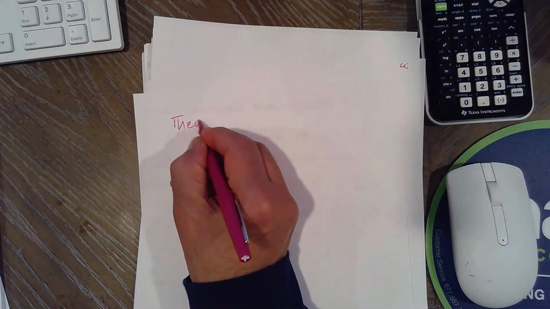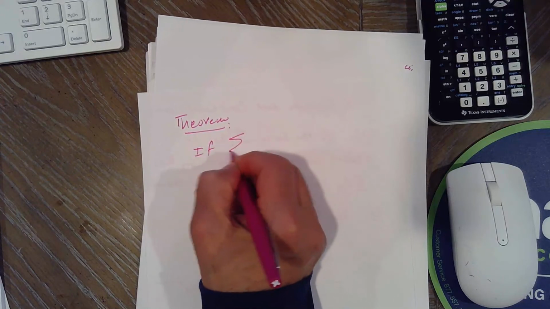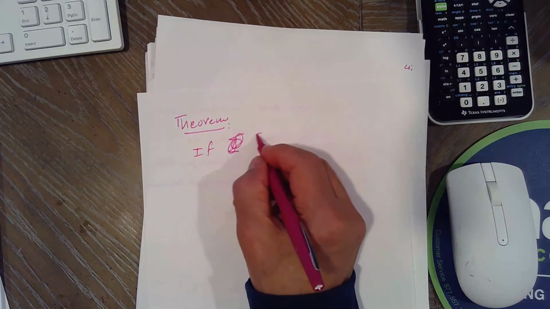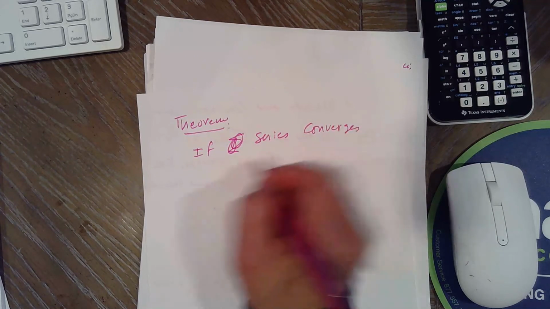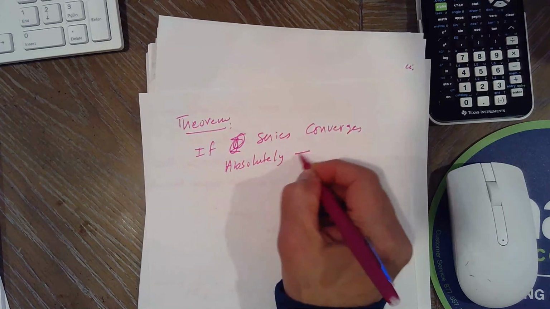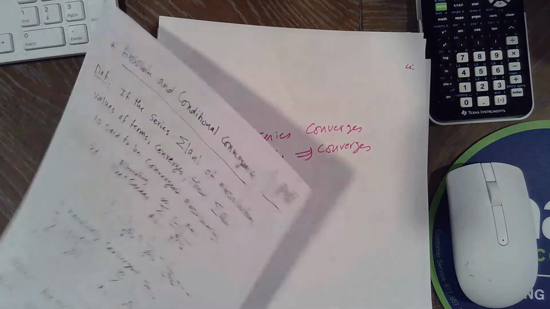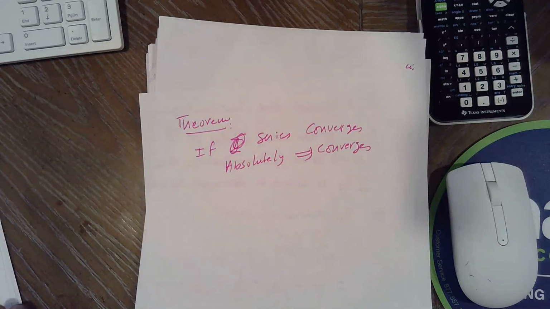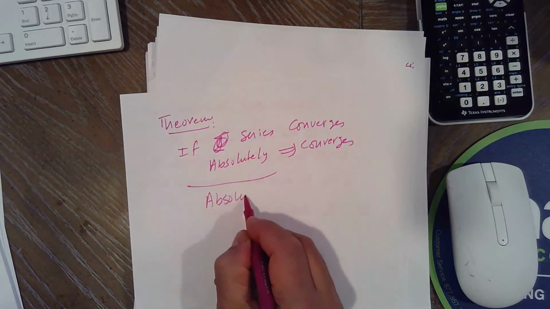And we have a theorem next. If a series converges absolutely, that means it converges. And there's a nice proof that I have in the handout and in the notes, so check that out. So absolute convergence implies convergence.